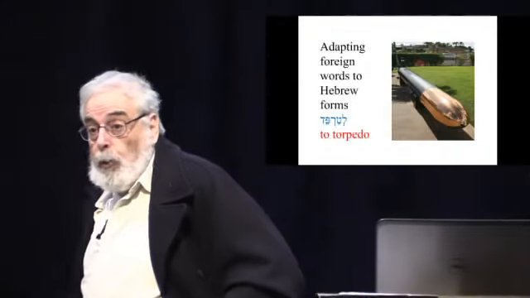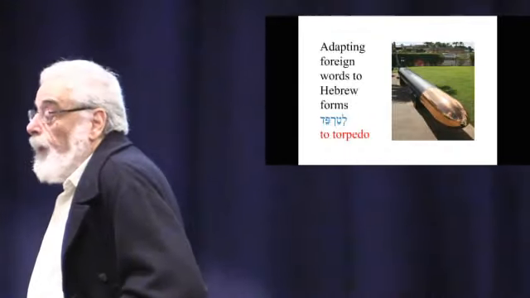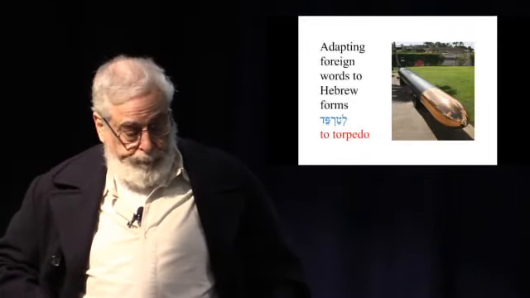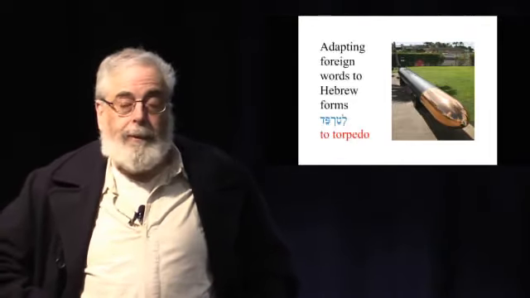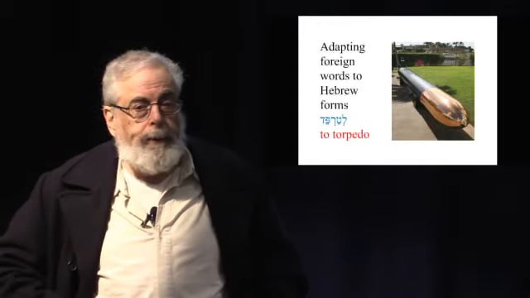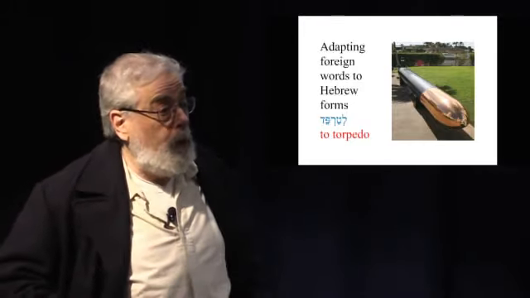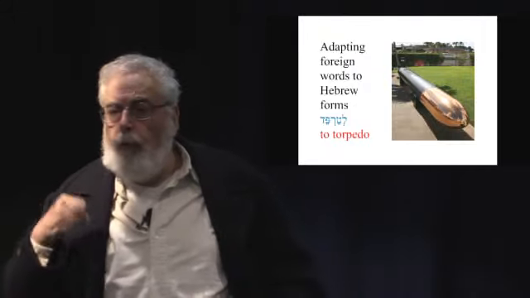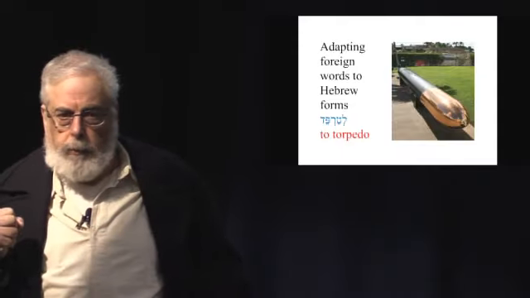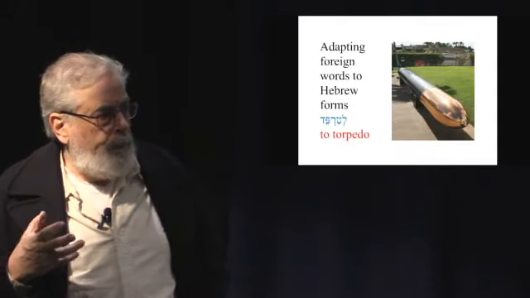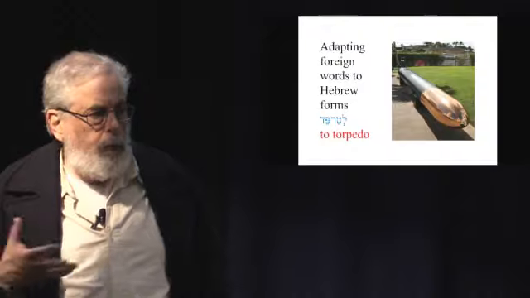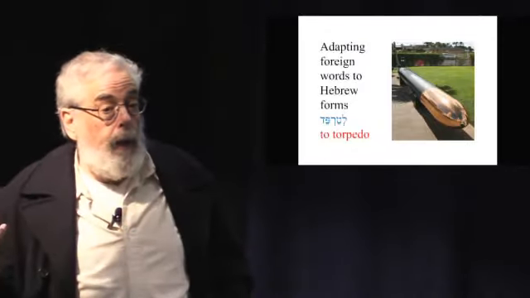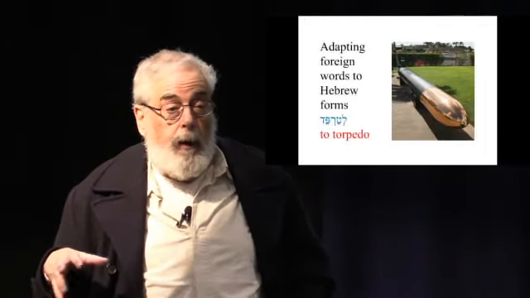Another way, not less important, is adaptation. What is adaptation? We take a foreign word, but we don't use it as is, and we also don't translate it. We adapt it to Hebrew forms. We do it a lot. For example, popular is, of course, an English word. Popular, everybody knows what it is. Popularity, we don't use.